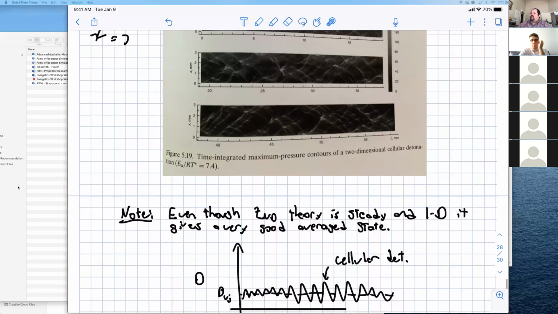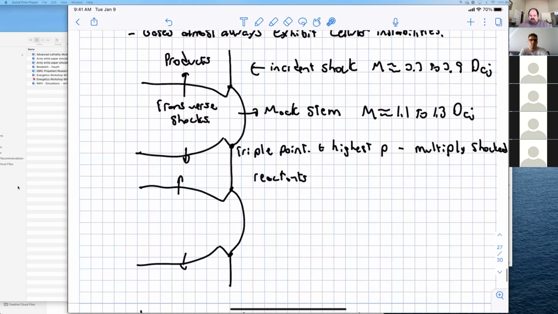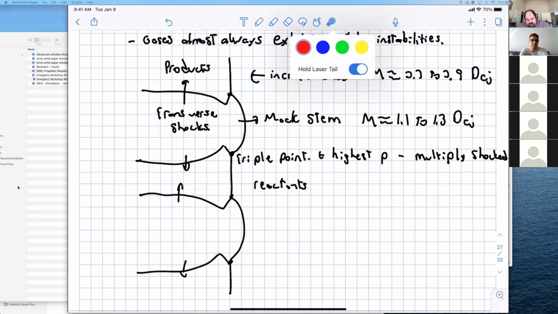So if I share the screen again, let's see. Qualitatively, they kind of look like this, right? This part that bumped forward is actually a Mach stem, and this here is the incident shock.